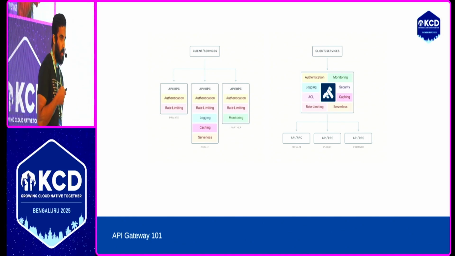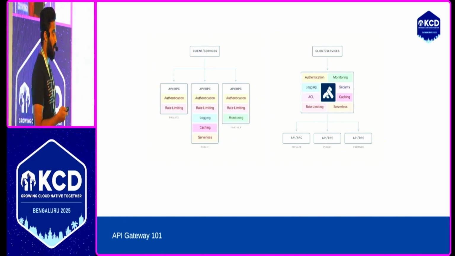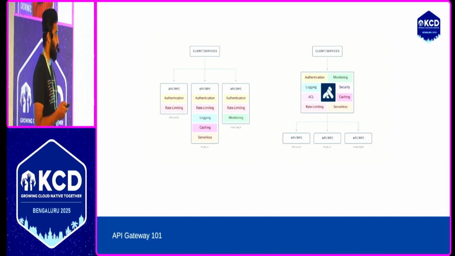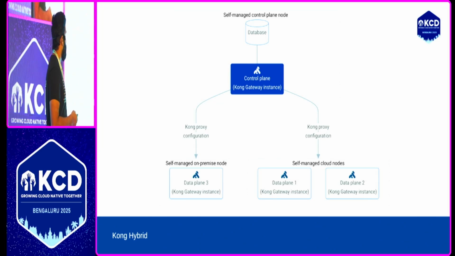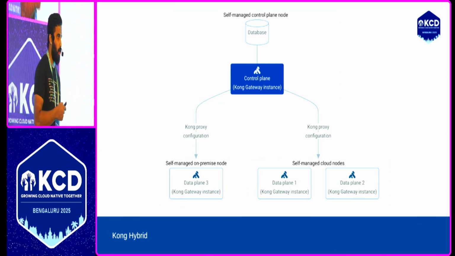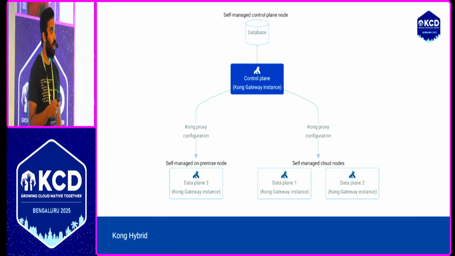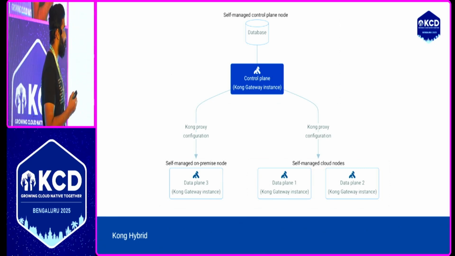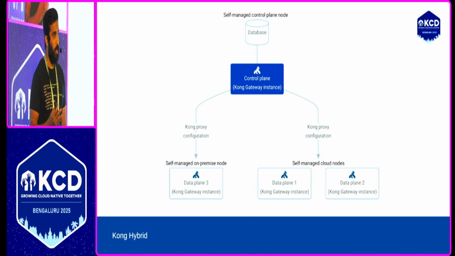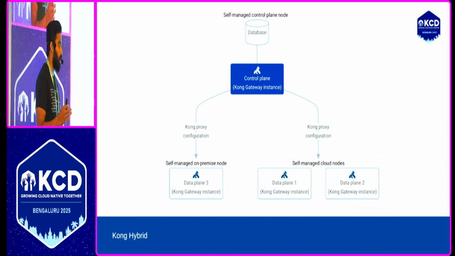The API gateway that we'll be discussing today is Kong, which is one of the most popular open source API gateways out there. And the reason we're talking about Kong is because Kong also supports a deployment model where you can separate the management and the actual traffic for the API gateway.